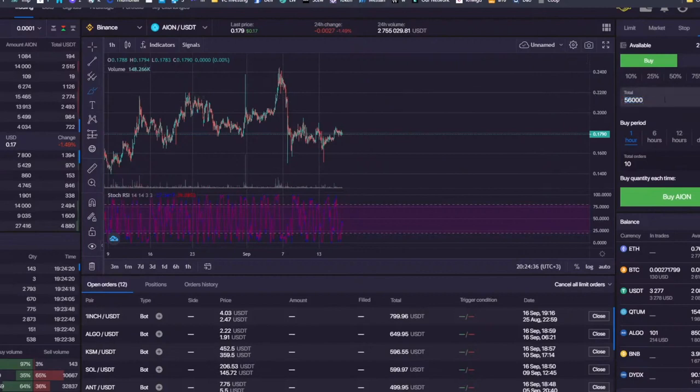So you can buy 56,000 Aeons in 6 hours in, let's say, 40 orders. It calculates that per each order, it's going to buy 1,400 Aeons, and it's going to execute these 40 orders within the time framework of 6 hours. That way you spread your investment.